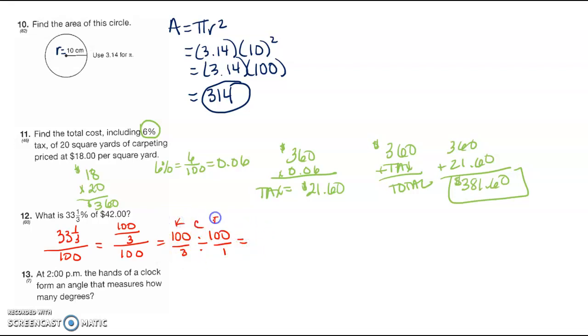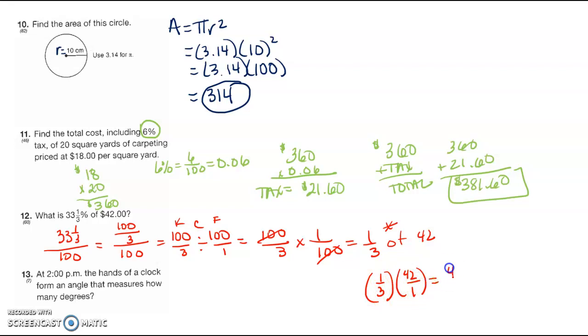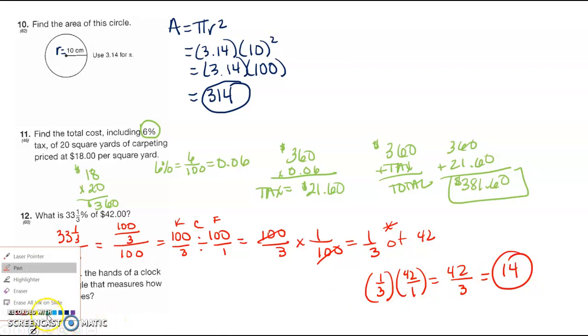Keep, change, flip. 100 over 3 times 1 over 100 is 1/3. So 1/3 of 42 is 1/3 times 42. So I have 1/3 times 42 over 1, 42 over 3, and I get 14. All right.